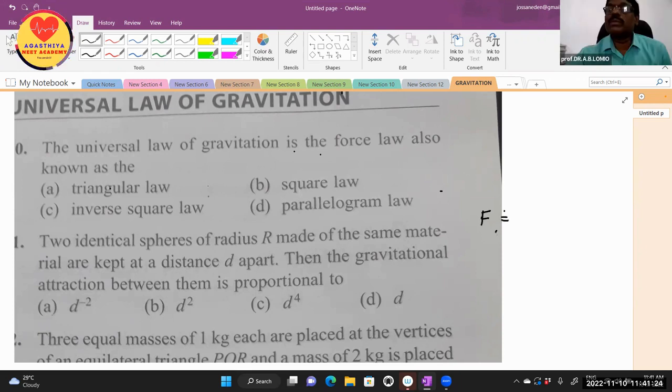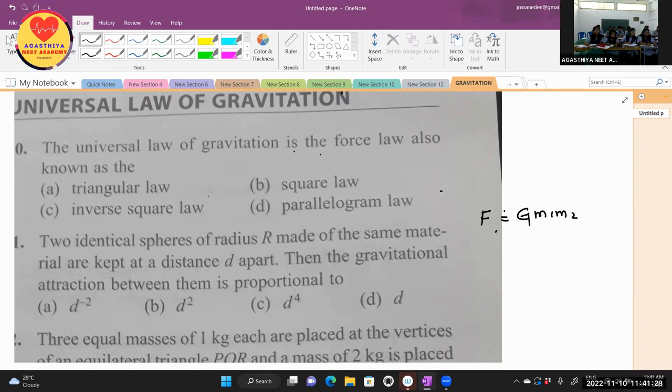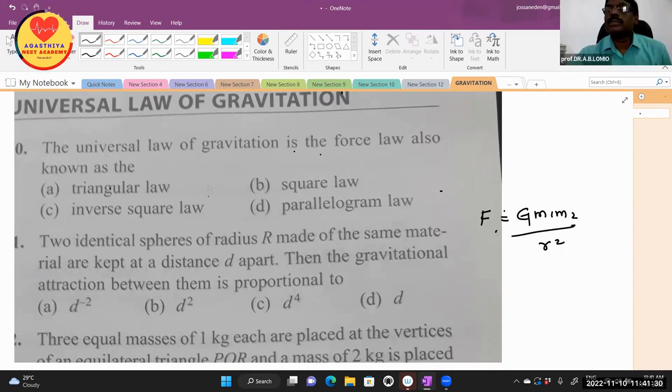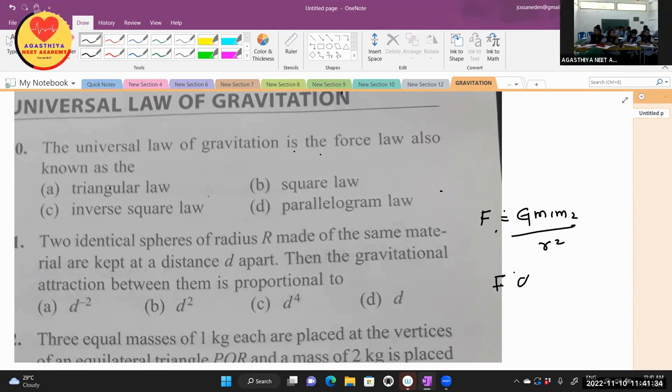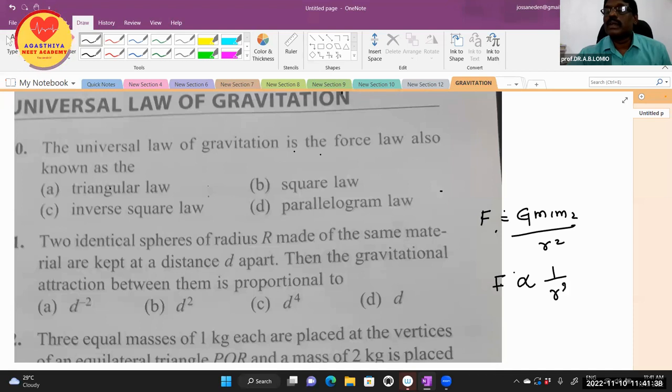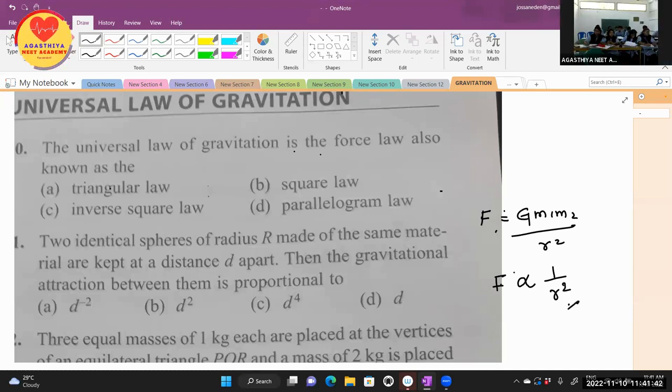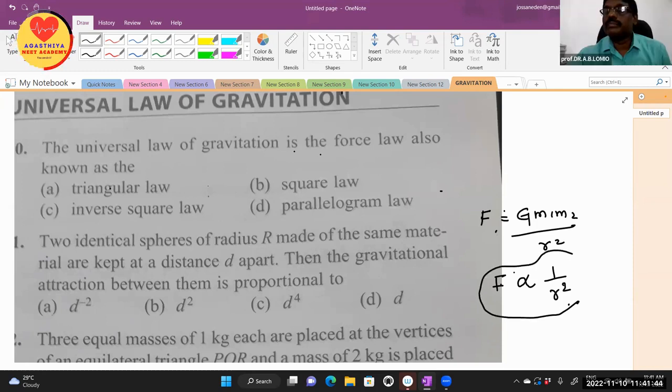See, F is equal to capital G M1 M2 divided by R squared. The force is inversely proportional to the distance squared. It is called inverse square law because the distance is in the denominator.